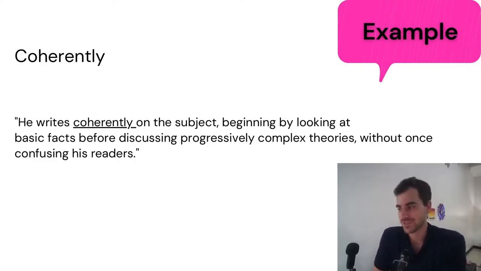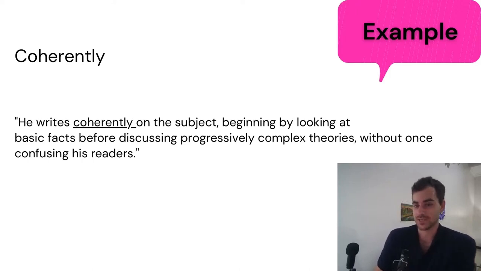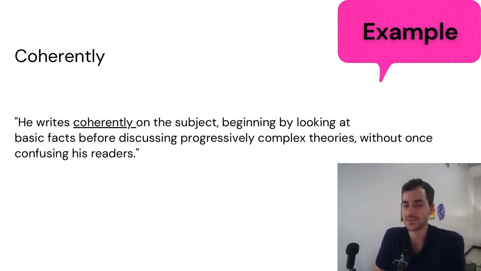Here's an example. Imagine we don't know the word coherently, and we read this paragraph. "He writes coherently on the subject, beginning by looking at the basic facts before discussing progressively complex theories without once confusing his readers." So it has ly at the end, so we can see that it's an adverb. It comes after writes, so it's describing how he writes. How does he write? He writes coherently.